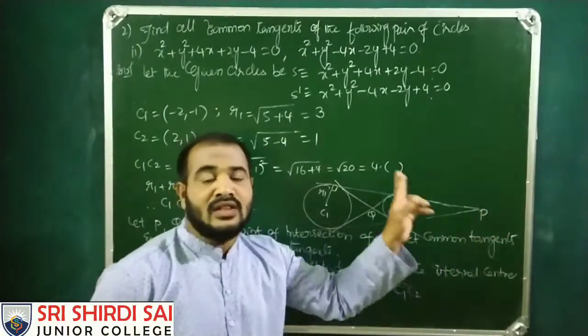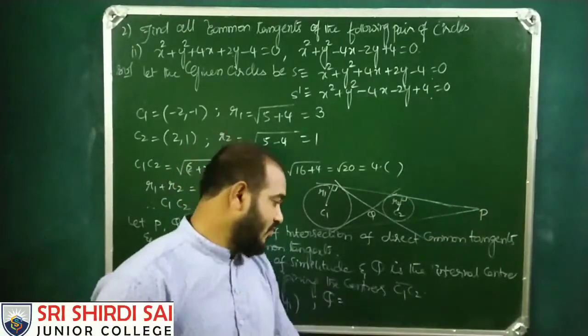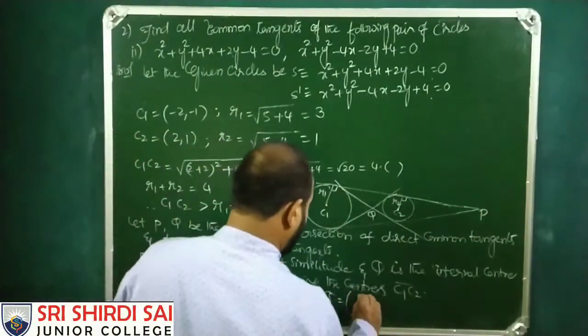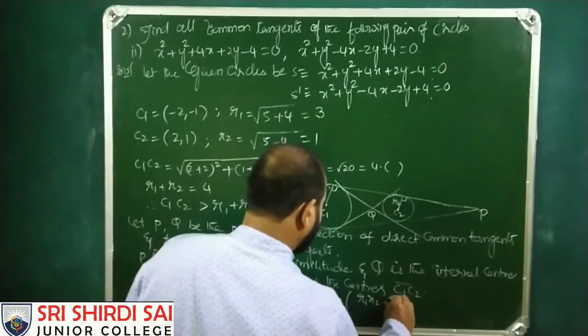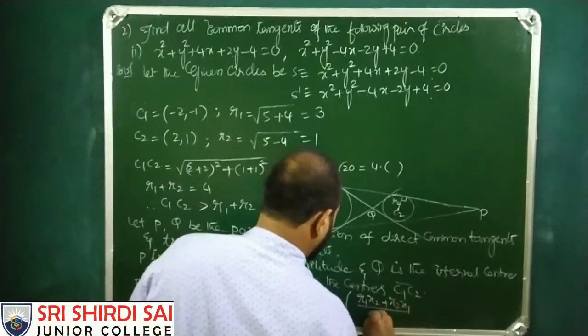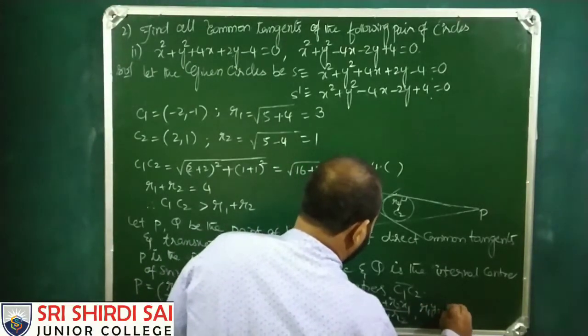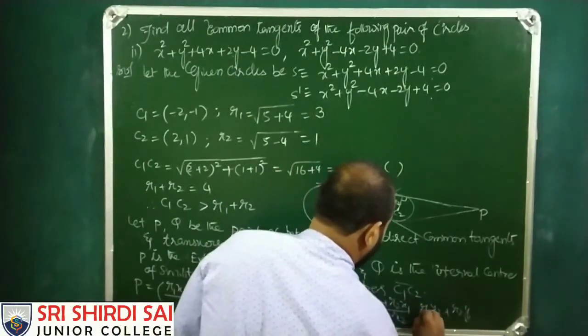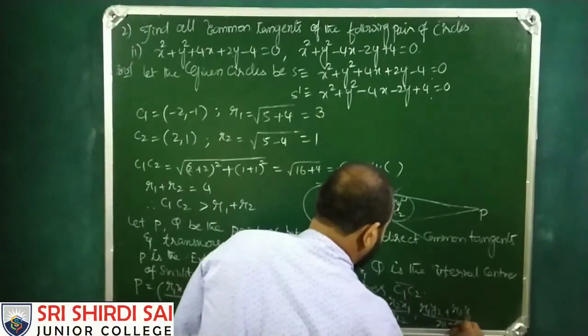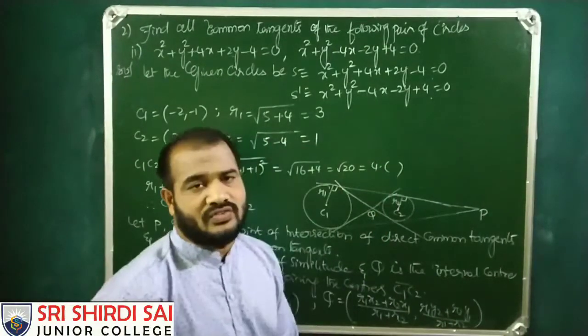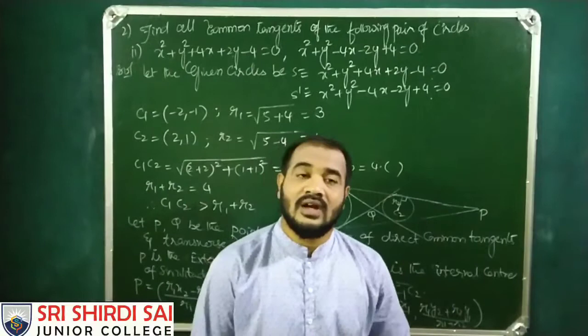That is why they are called collinear points. So Q is equal to R1 x2 plus R2 x1 by R1 plus R2, comma R1 y2 plus R2 y1 by R1 plus R2. A little tedious process compared to what we did yesterday.